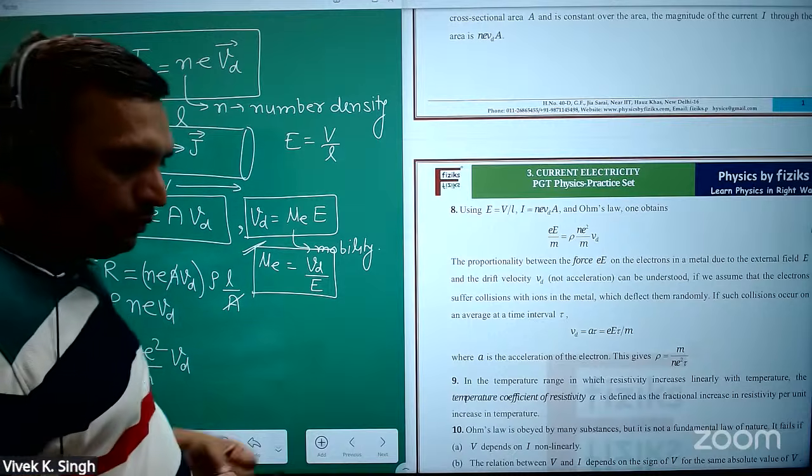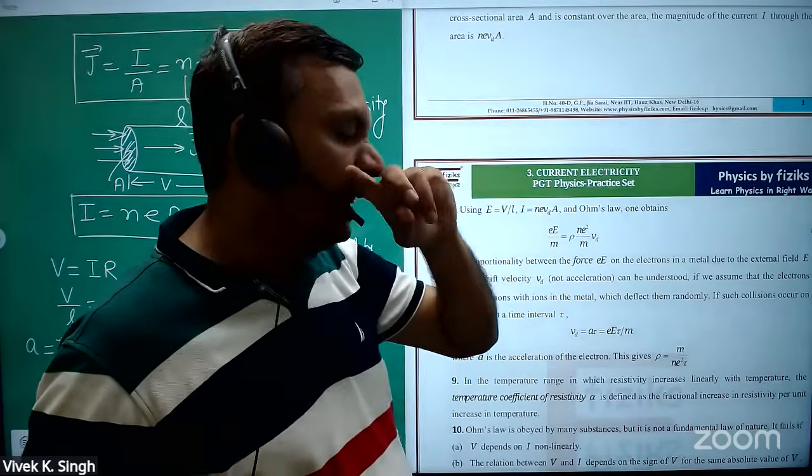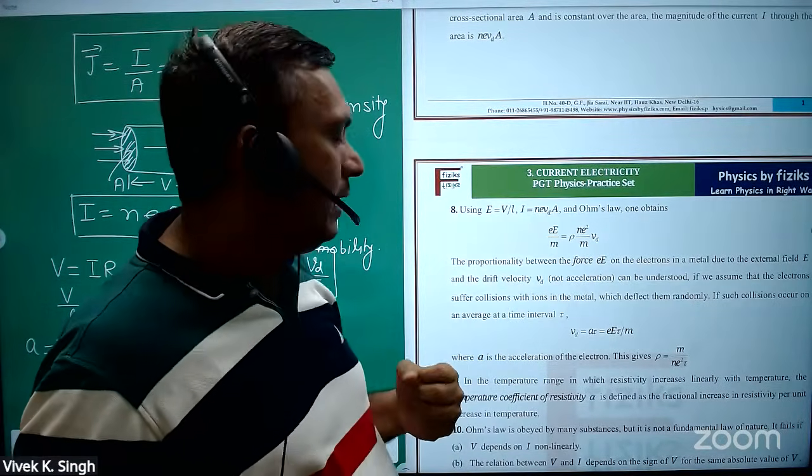Now, when electrons have random motion, they collide with the lattice.